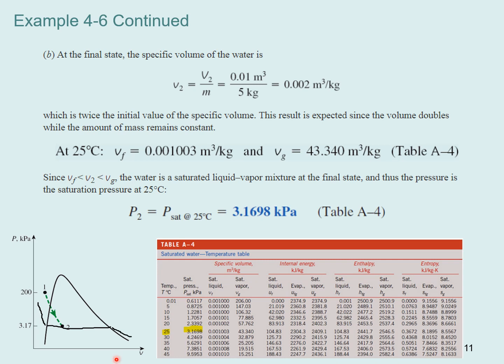So here they're flat. So what are they? They're exactly the saturation pressure for that temperature. So since we know we're at 25 degrees C, the final pressure is going to be the saturation pressure for 25 degrees C, which again is right from the table, 3.1698 kilopascals. That's our final pressure.